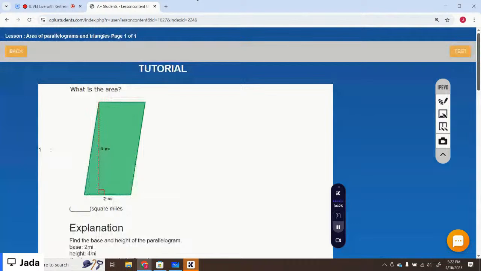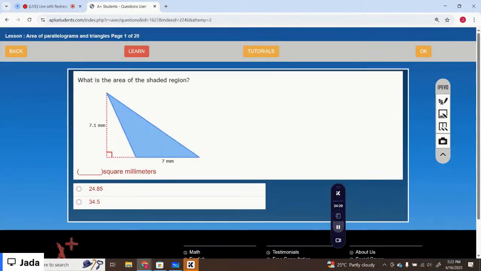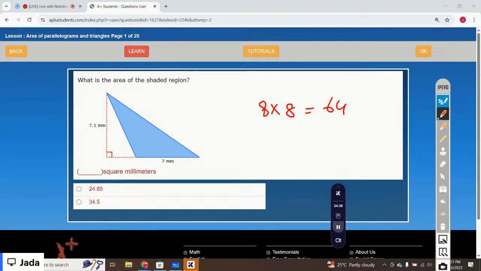Let's just start with the test questions. What is the area of the shaded region? So we need to calculate the area of the triangle. So the area of the triangle is half times base times height.